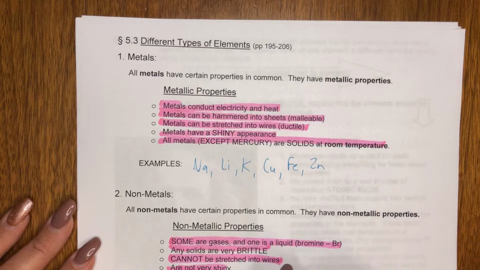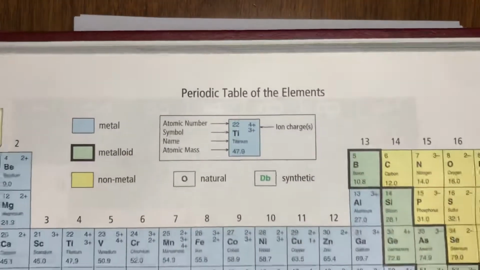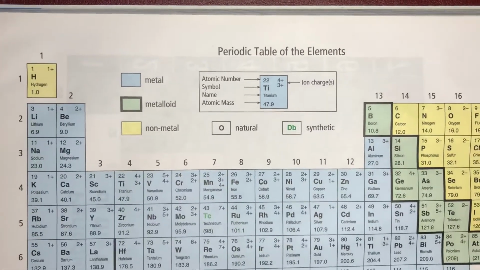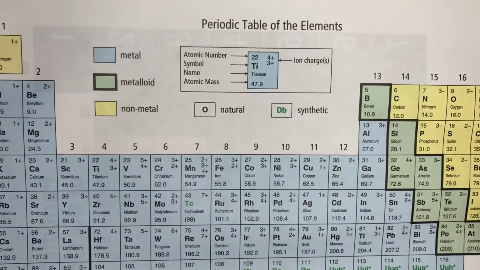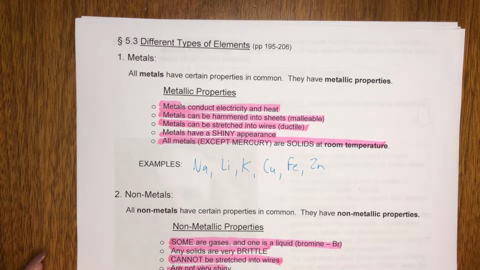And then we have metalloids. And metalloids are in green on your periodic table. And if you see, they're in the middle between the metals and nonmetals. So they have properties of both. So, for example, they have some metallic and some non-metallic properties.